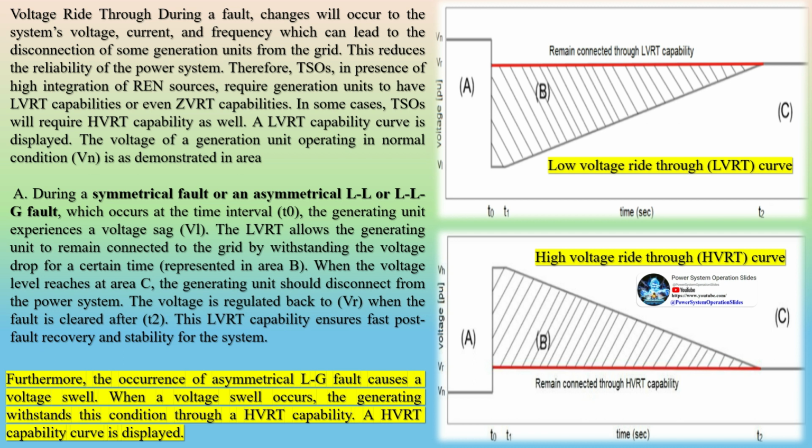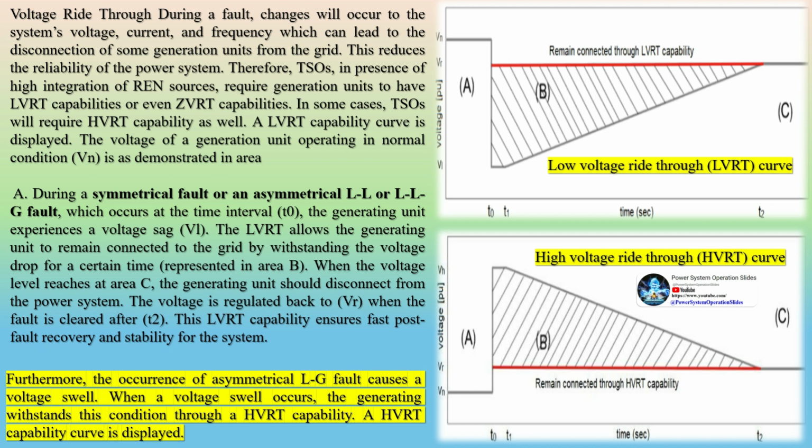This reduces the reliability of the power system. Therefore, TSOs, in presence of high integration of renewable sources, require generation units to have LVRT capabilities or even ZVRT capabilities. In some cases, TSOs will require HVRT capability as well.